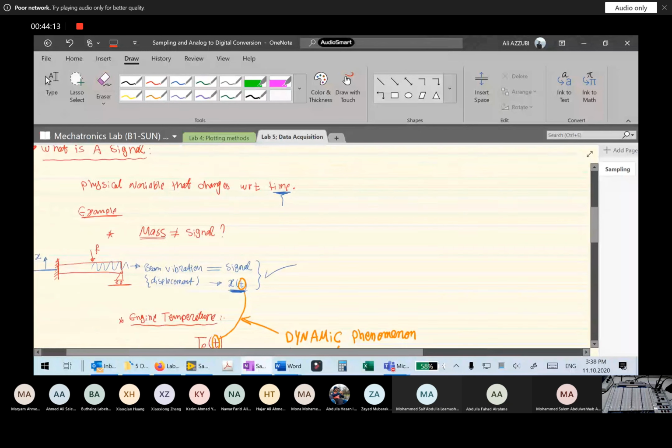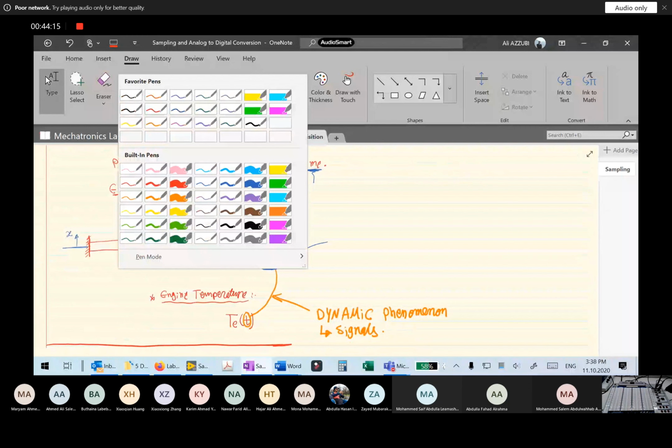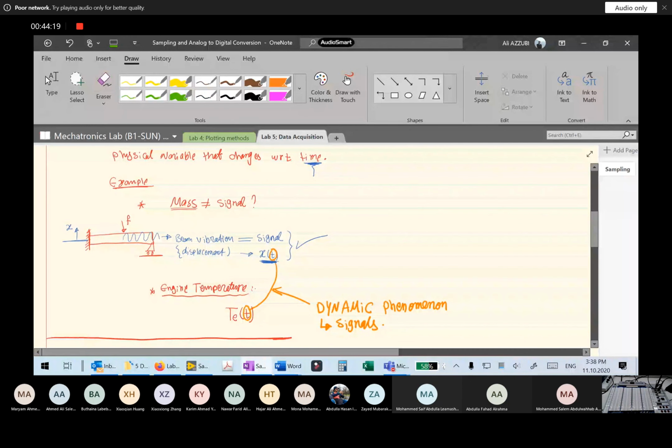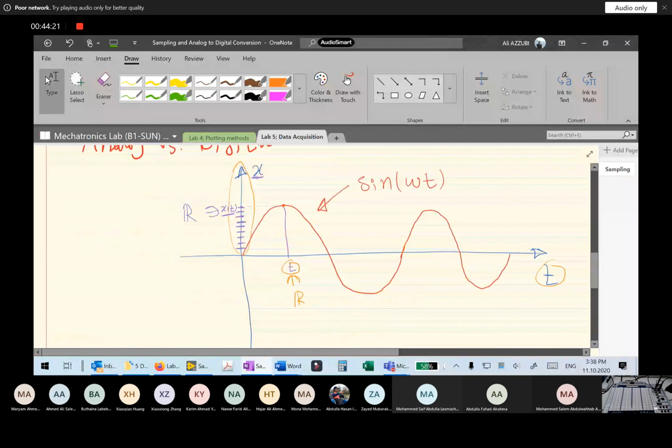What does it mean when I take specific values of t? I'm doing sampling. When you do sampling, you don't take any t; you just take discrete values. You see what I'm doing, I'm just taking samples. This is what happens when you sample a continuous signal.